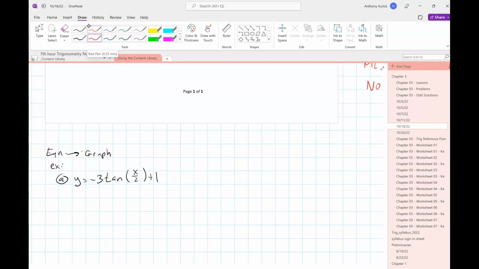My first order of business is going to be to rewrite this in the general form so that I can find my values for A, C, H, and K.